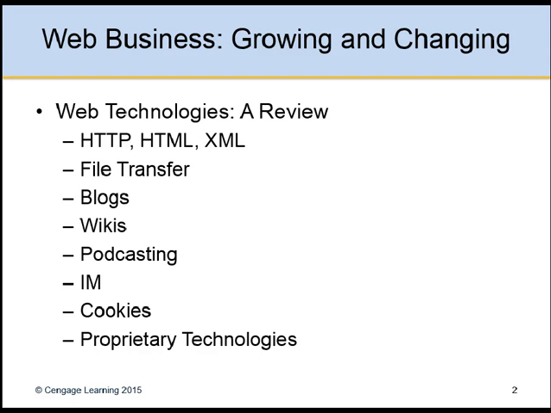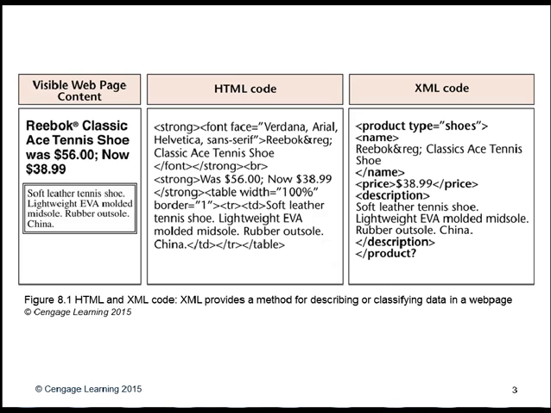XHTML is a combination of XML and HTML and uses opening and closing tags to control format. HTML5 is the newest version of HTML. And here we see a graphic of what HTML code looks like and what XML code looks like for presenting visible web page content.